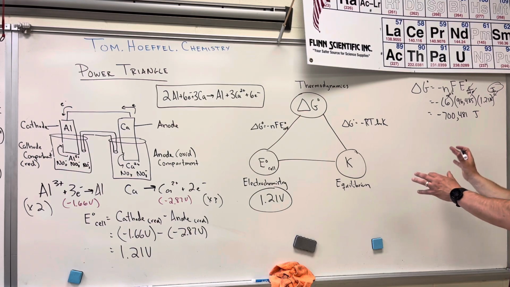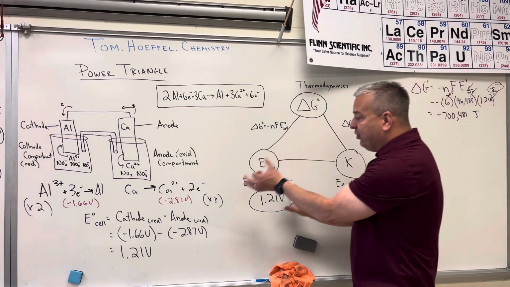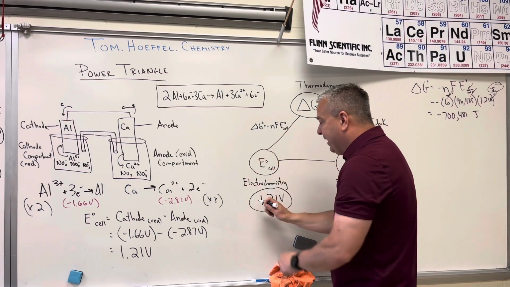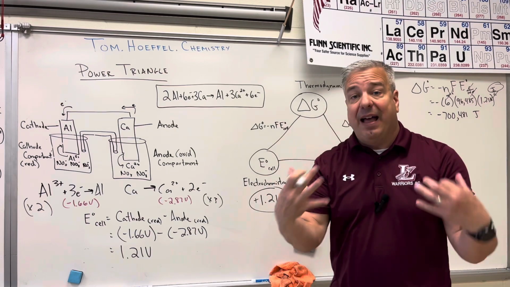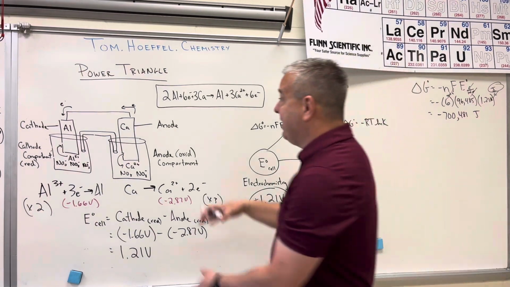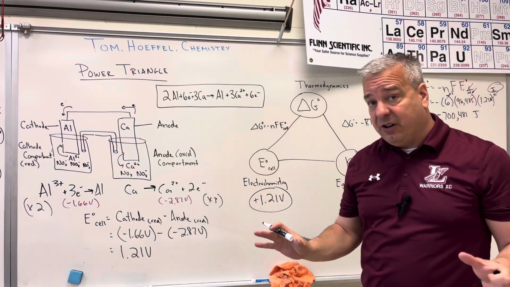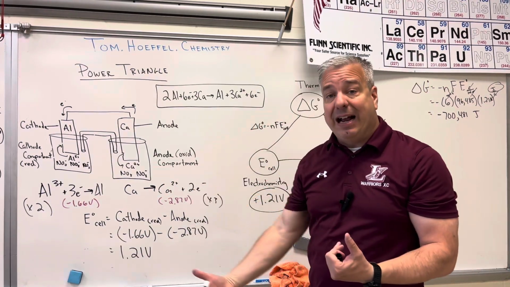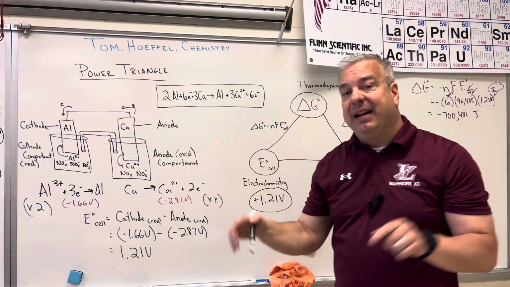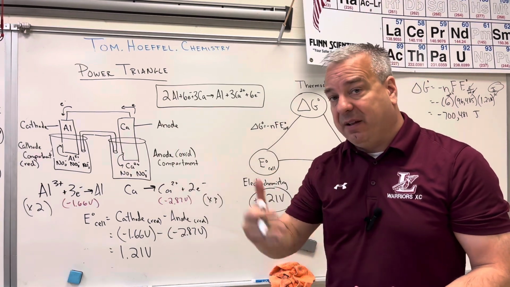One thing I want to point out: when you're doing electrochemistry, if your E cell is positive, that means the reaction is spontaneous. That means this reaction will work all on its own. No outside factors are needed. It just occurs naturally, spontaneously. College Board likes to call that thermodynamically favorable.